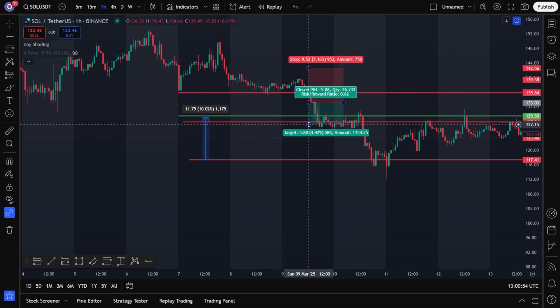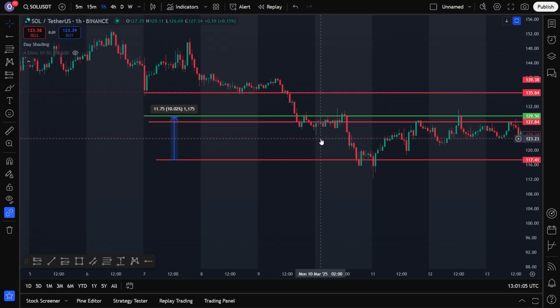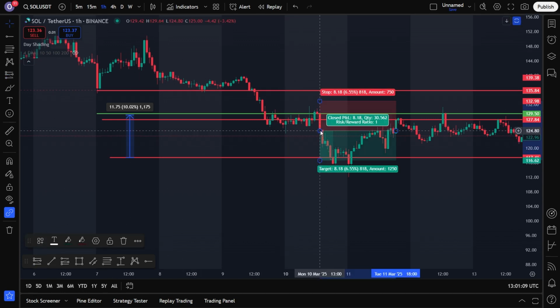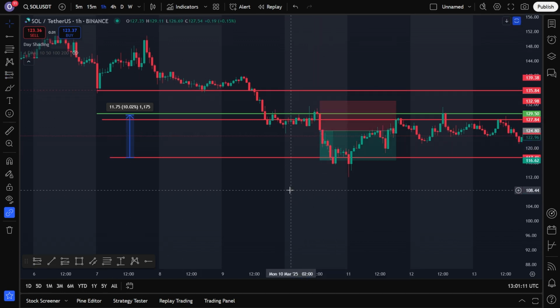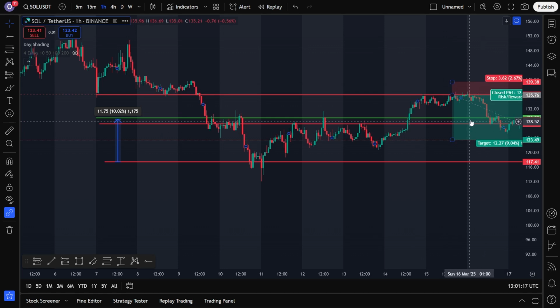So the price moved here and we have a loss in our long, but we also have a profit in our short that we closed, and we averaged our long. Then when there is another break of structure, you open another short to another level, and then you also average.